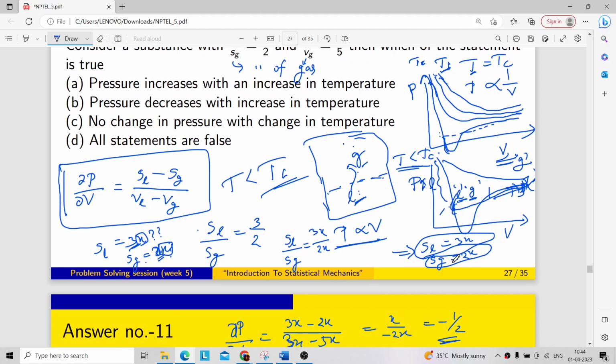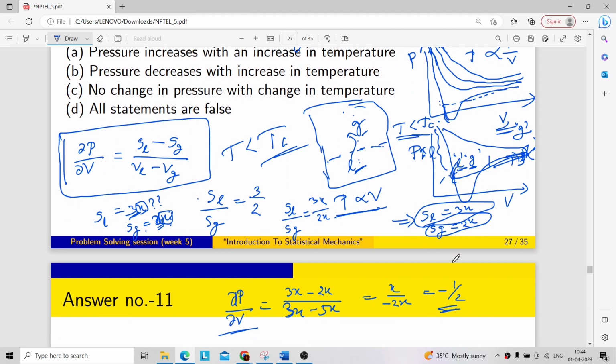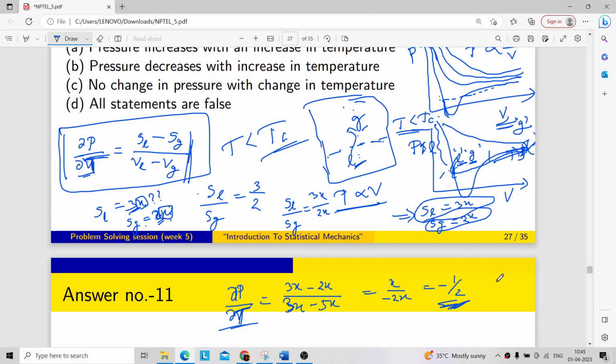So with respect to temperature, right, we'll derive with respect to volume. My mistake. This is del P over del T. You can check from the class. This is not del V. This is del P over del T. The change of pressure with respect to temperature has this form. Then we got del P over del T as a negative value. That means we have a negative slope.